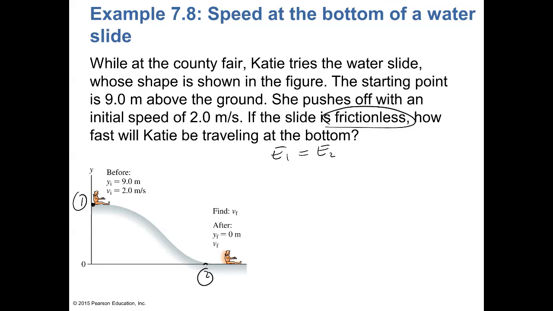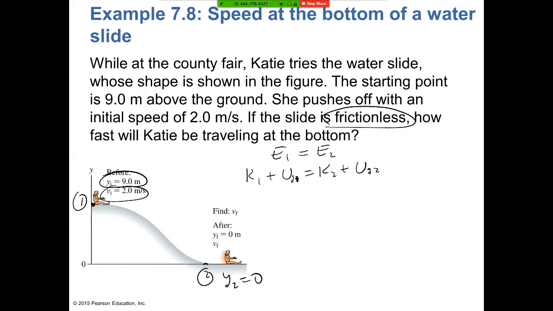And gravity is a conservative force. It conserves energy. That means kinetic energy at point 1 plus gravitational potential energy at point 1 equals kinetic energy at point 2 plus gravitational potential energy at point 2. I'm going to say the position of point 2 is 0, the position of point 1 is 9 meters, and the velocity at point 1 is 2 meters per second.